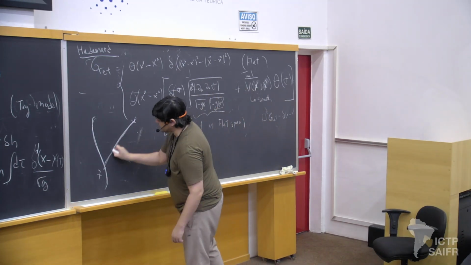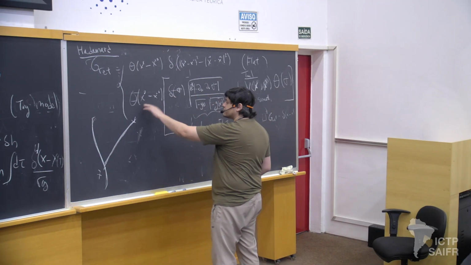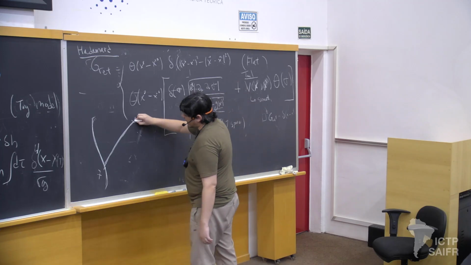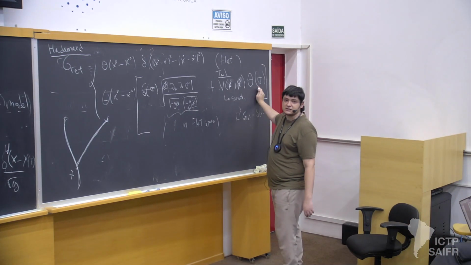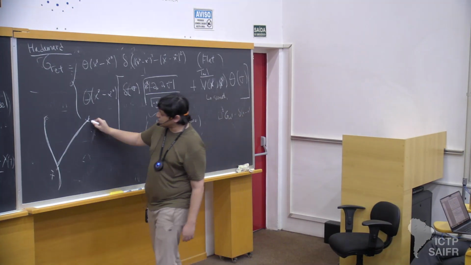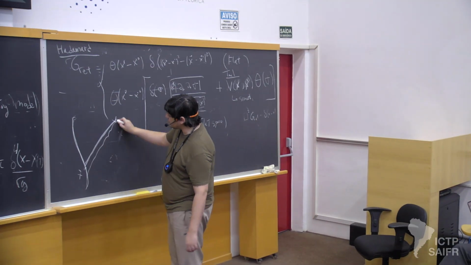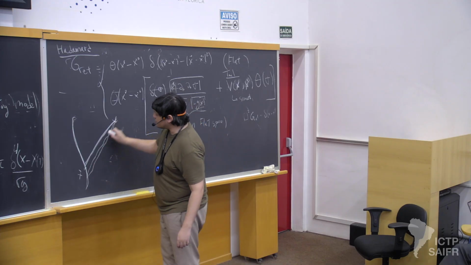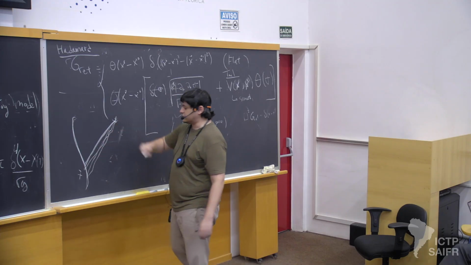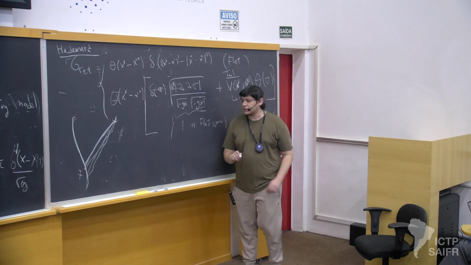So there is a contribution from the null geodesic, only from the past. And then there is a contribution from the inside light cone, right? So there is a contribution coming even from massive geodesics, if you want, that are influencing this point. Okay?